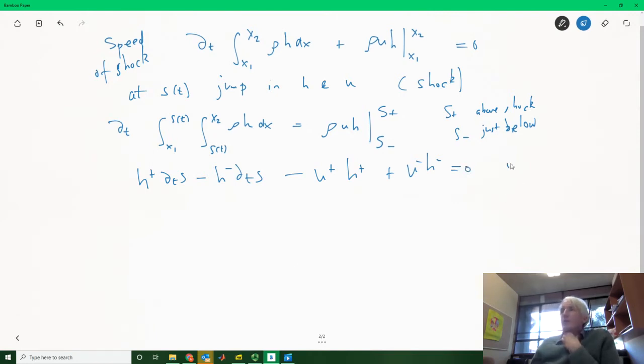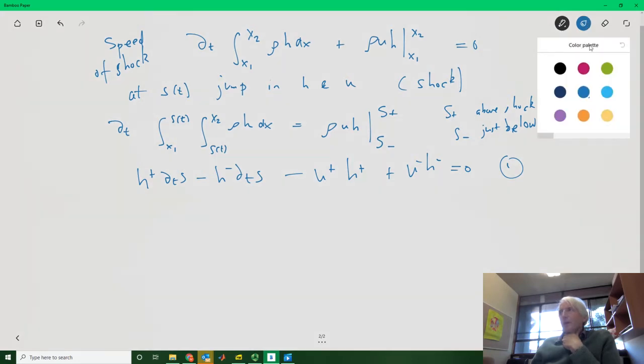Okay, so that's one equation, and then the second one comes from the conservation of momentum, and that's a little bit trickier to write down. I'm just going to write it down here for you. I'm not going to derive it. It's derived in the notes.